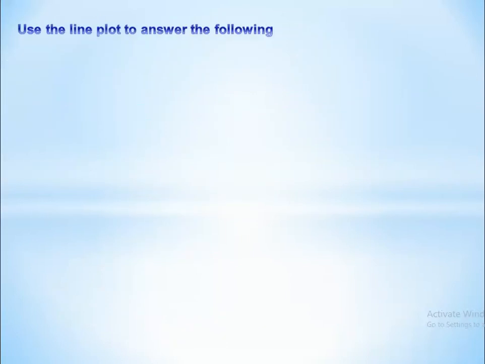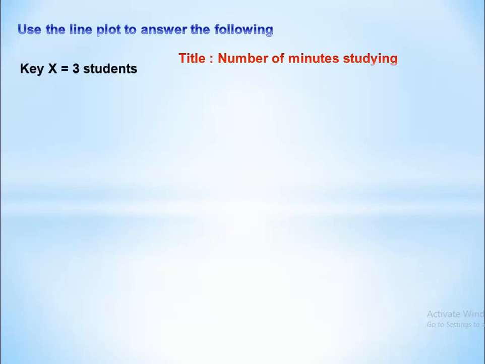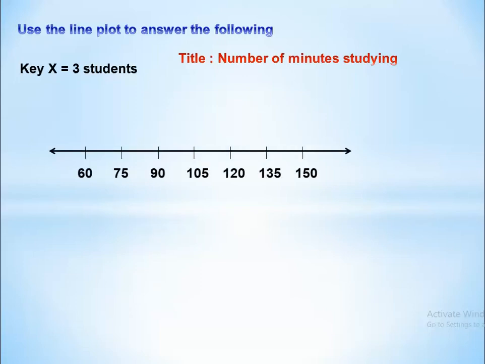Let's answer. Use the line plot to answer. The title is the number of minutes studying. The key here: X line plot equals 3 students. And this is my line plot. Okay, let's answer the questions.